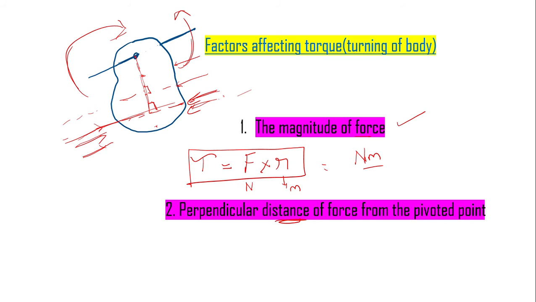It has been seen that the more the length is, the greater is the torque that has been generated. So more torque is generated if the distance is more. Say for example, if you are applying force over here, distance would be small. In that case, this distance is very small over here, so you'll have to apply more force to generate the turning effect.